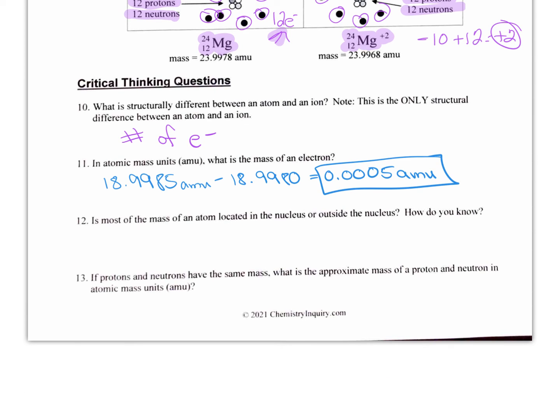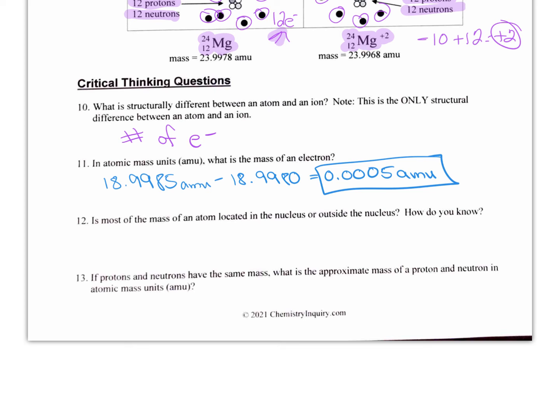Number 12, is most of the mass of the atom located in the nucleus or outside of the nucleus? And how do I know? Well, look at the little mass of the electron, 0.0005. Where is all this other mass coming from? This 18.99, this 0.0005, that's not that much of a difference. So where is the mass coming from? It has to be coming from the protons and the neutrons.